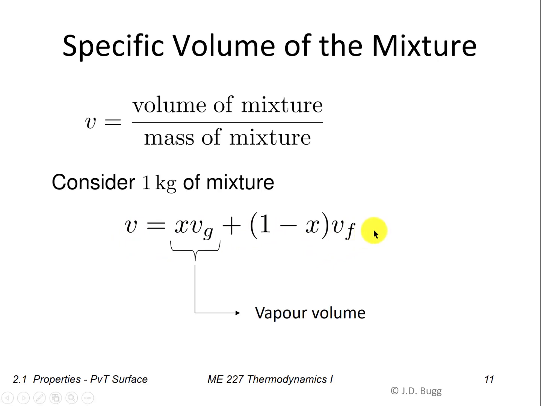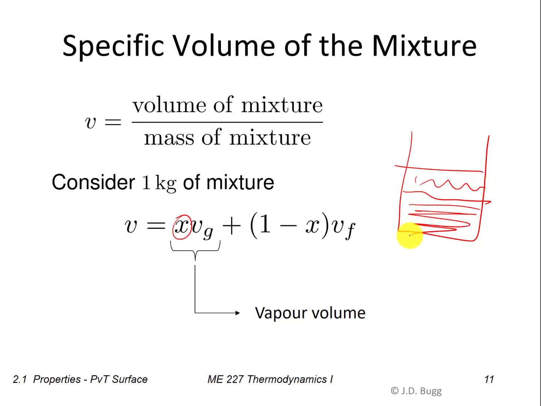Looking first of all at the first part, remember we have 1 kilogram total inside of this thing. So that means the mass of the vapor is x kilograms. So 1 kilogram total, the fraction which is vapor is x. So there are x kilograms of vapor inside of our little piston cylinder device where we've got vapor floating around there and liquid in the bottom.